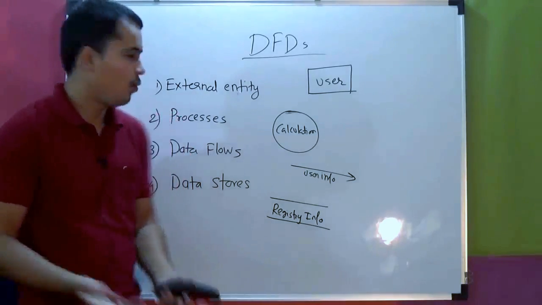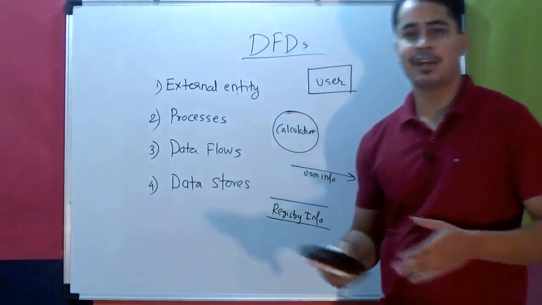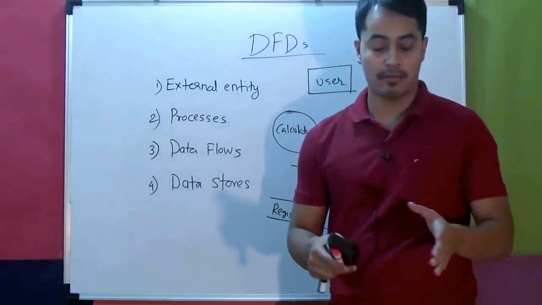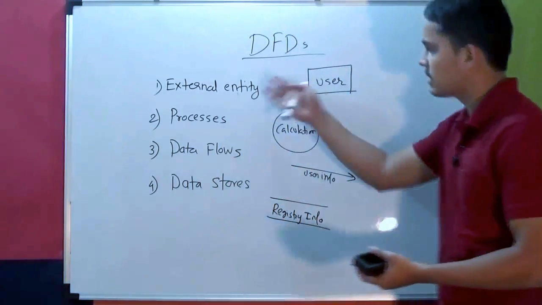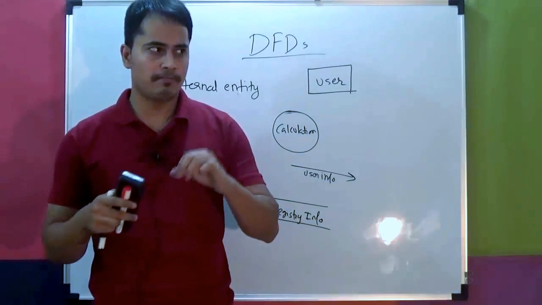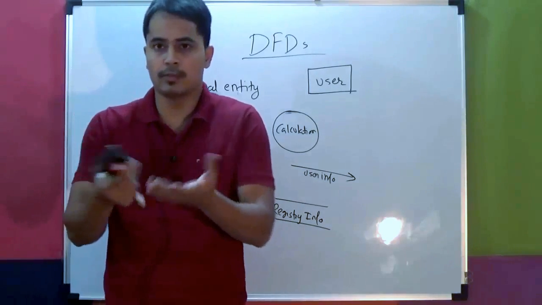Now the question is, what is an external entity? This entity differs quite significantly from the entity in your ER diagram. So an external entity could be a person like me, a user of Facebook.